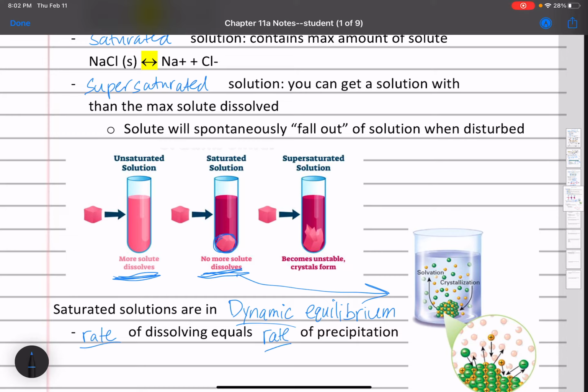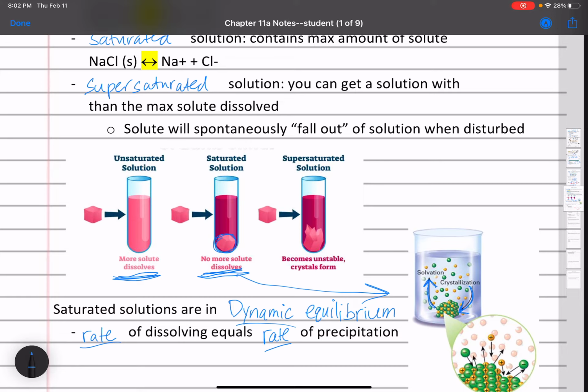When you have a saturated solution, what's happening is it's not that no more solute can dissolve. It's that the solute is dissolving and crystallizing at the same rate. So the same number of ions or molecules are going into solution as they are recrystallizing.